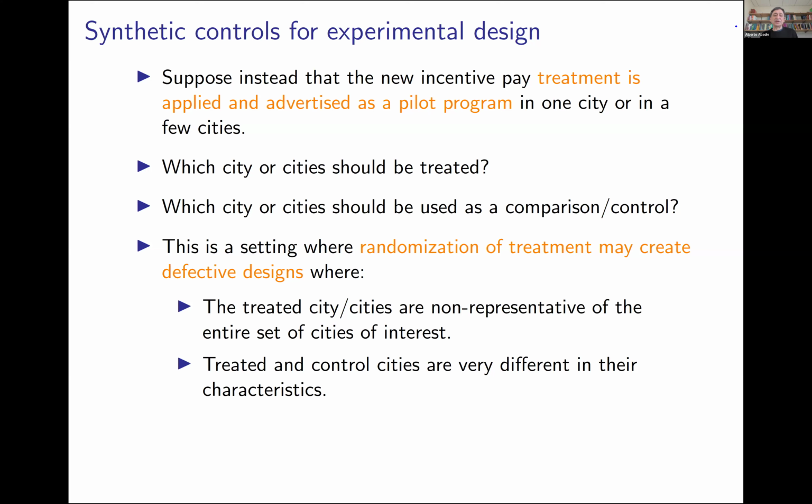And what is tempting here, very tempting, is to randomize, because randomization gives you a pre-assignment, you have unbiasedness. But then you realize that randomization in a case in which you have one or two treated units may create very defective designs in which the treated cities are not representative of the entire set of cities in the country, or the treated cities are very different from the control cities.